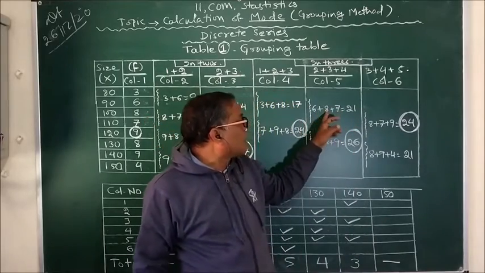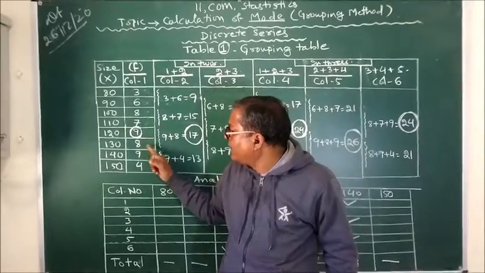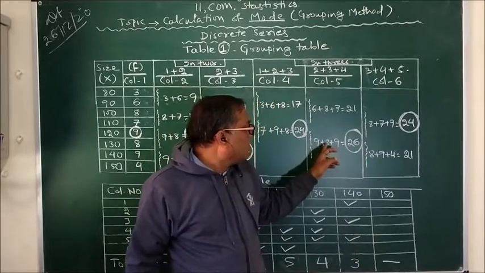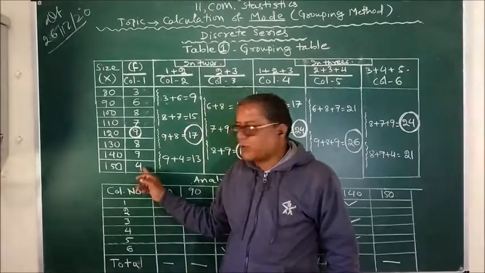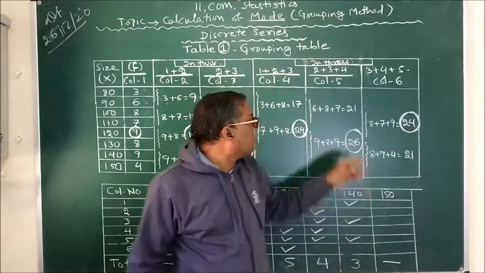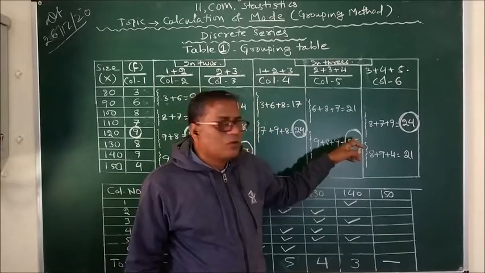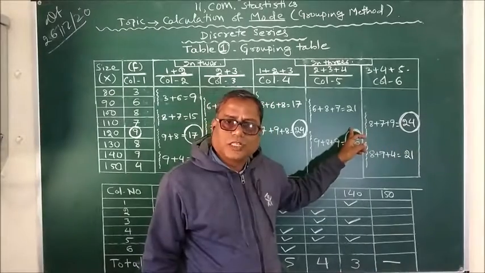The first group is 6, 8, 7. Sum is 21. Then after 7, 9, 8 and 9. 9, 8 and 9, the sum is 26. And we are left with 1 frequency, not a group of 3. That's why we will ignore that. And out of these 2 sums, 26 is the highest one. That's why I circled the sum 26.